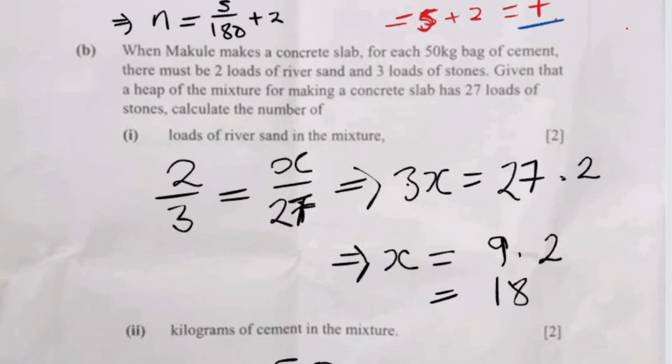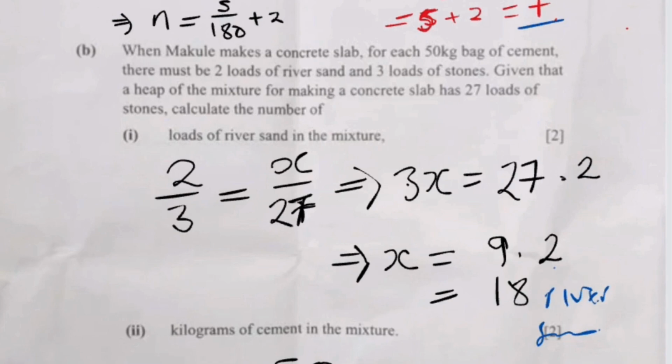For you to make a mixture of 50 kg cement, you need 2 loads of river sand and 3 loads of stones. So if I give you 27 loads of stones, what number of loads of river sand do you need? So that is 2 over 3 is equal to x over 27. Make x the subject of the formula, which is 18 loads of river sand. Okay. The same idea, we are looking for kilograms of cement in the mixture.